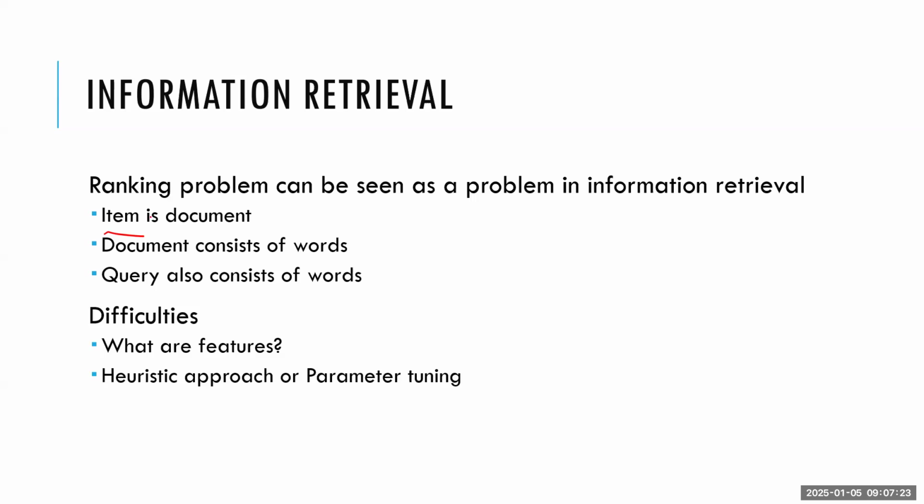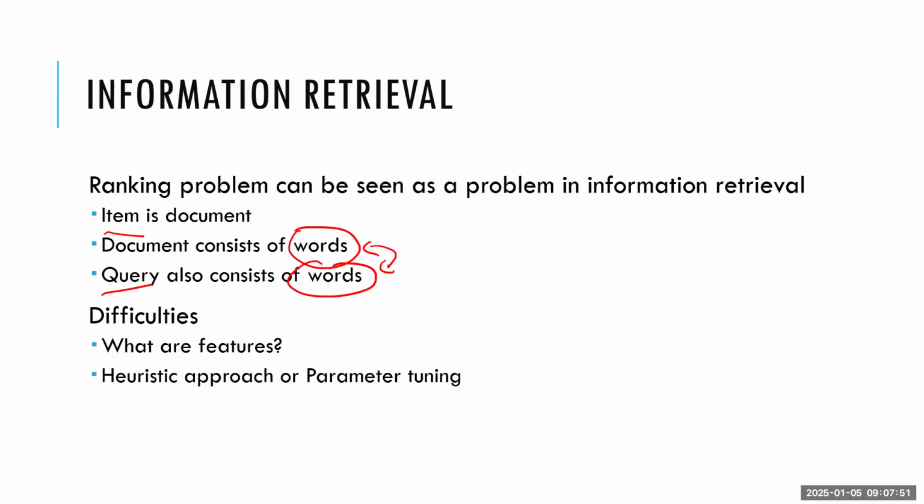Basically, in Google search, the item would be the HTML page, and the words in the HTML page are the words here. And the query, the keyword that you search, also consists of words. So there is some similarity between the words in the query and the words in the document.